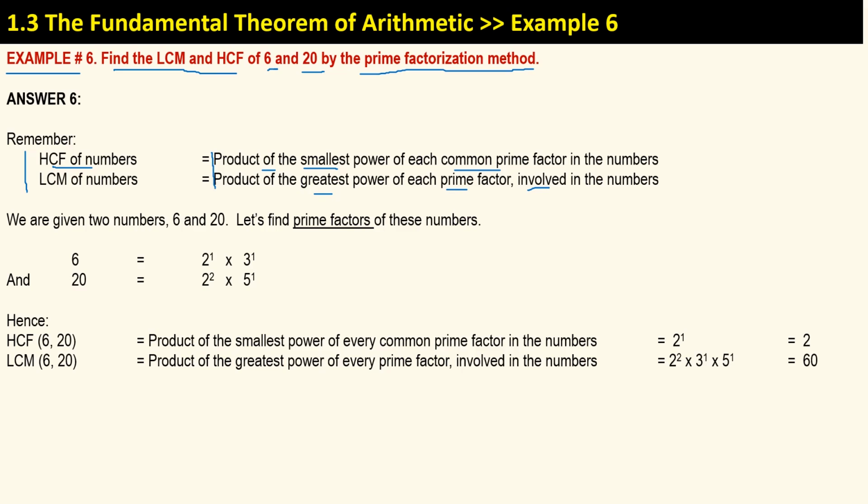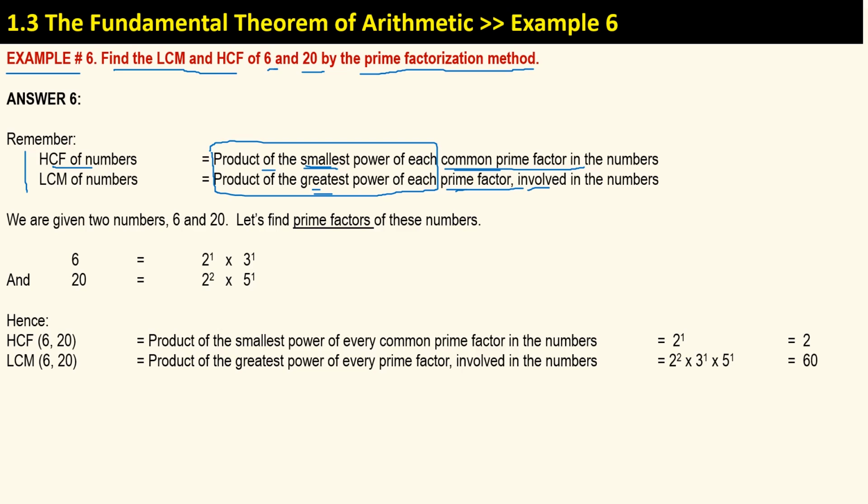So if you see these two statements, the difference between HCF and LCM is the smallest and the greatest, and the remaining portion is a bit different. These are the common primes and the prime factors involved in the numbers.